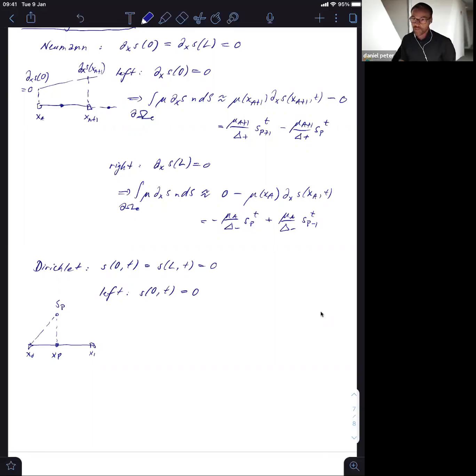But what we need is the derivative at the boundary at x0. So again, in this case, we can just use a simple backward difference approximation for the boundary.